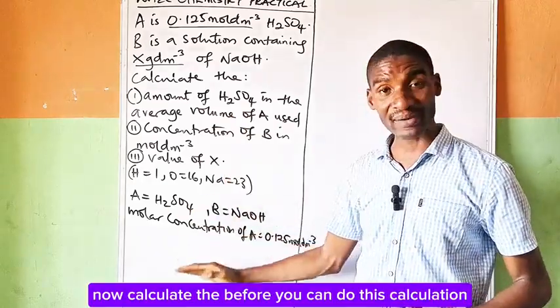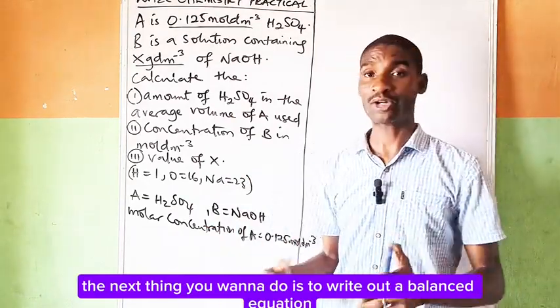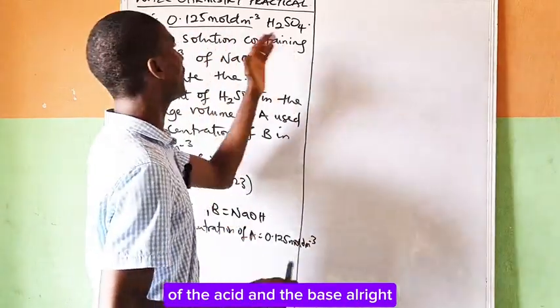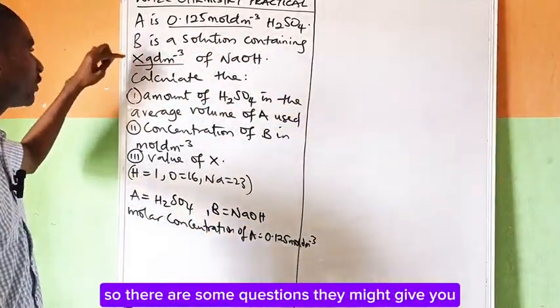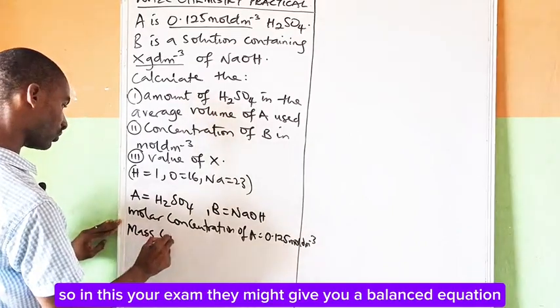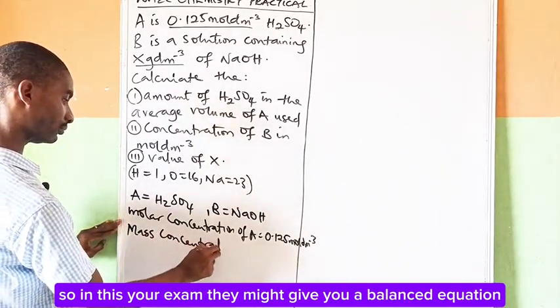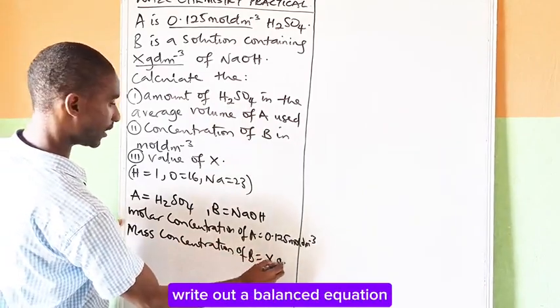For every parameter that you spell out correctly, there is a mark that accrues to that. So this is the mass concentration of your base, which is unknown. So mass concentration of B, X gram per dm cube.